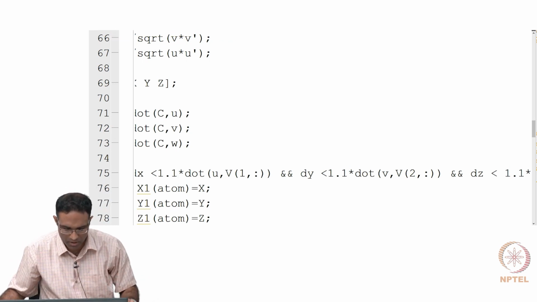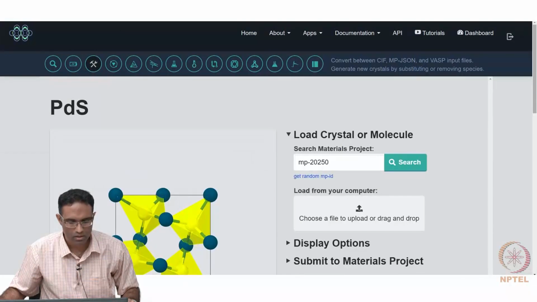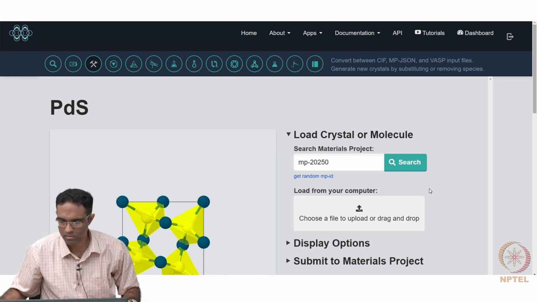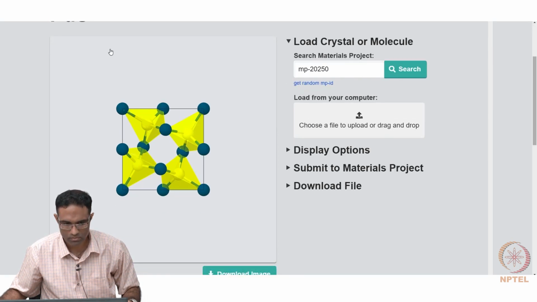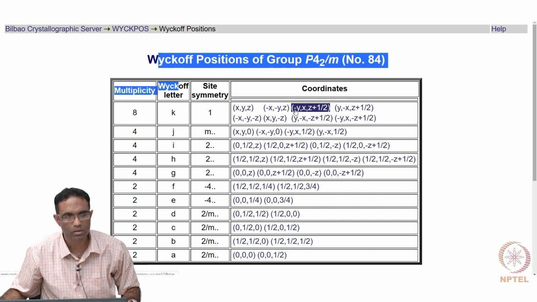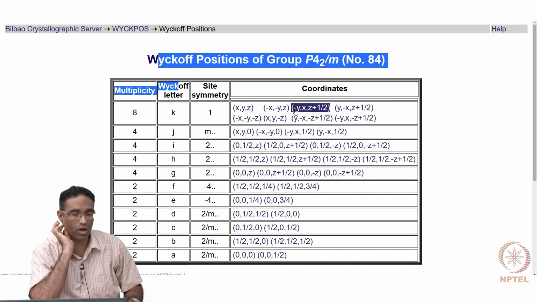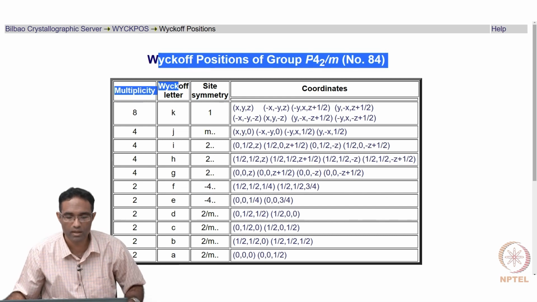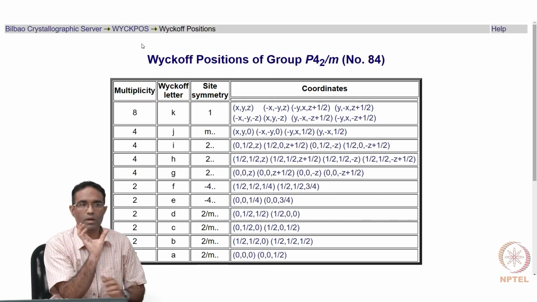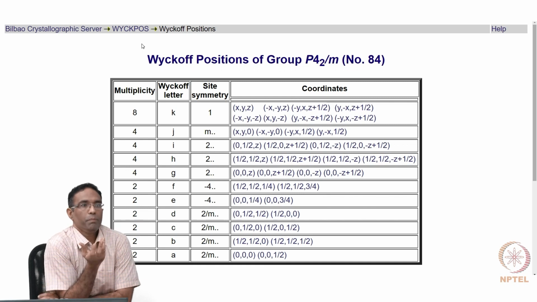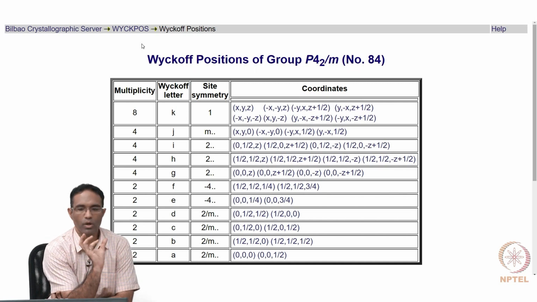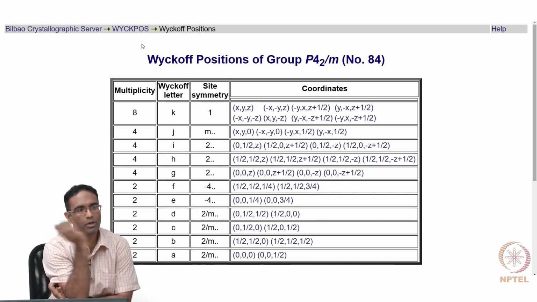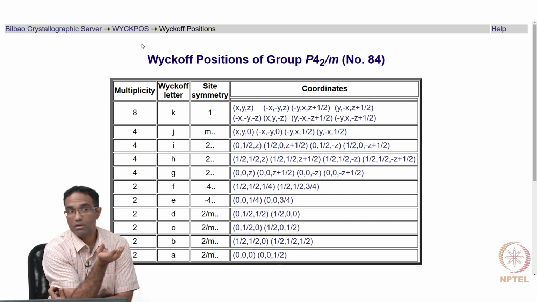For the generic site, you mean this one? Why does it have 8 sites? Because see, P42 over M, what does it mean? It means that this is a tetragonal space group, but first of all, P4 itself will generate 4. But now you have a 4-fold rotation and a mirror perpendicular to it, right?